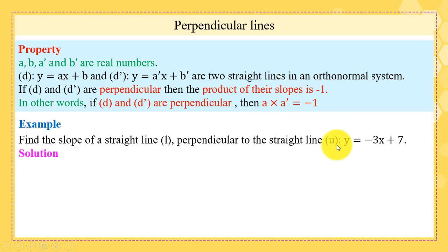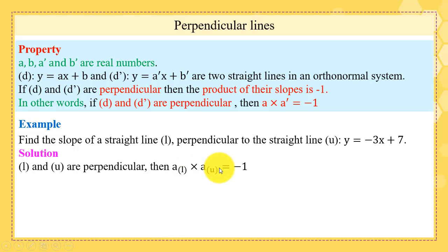Here, L and U are perpendicular, so the slope of L times the slope of U is equal to -1. Substitute the slope of U, which is equal to -3, we get a of L equal to -1 over -3, which is equal to 1/3.